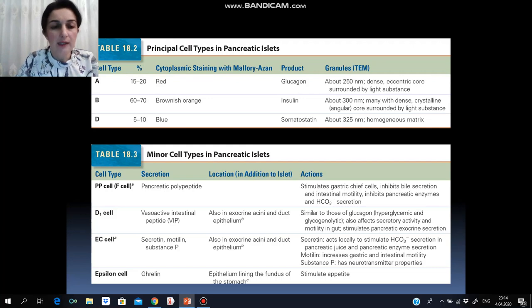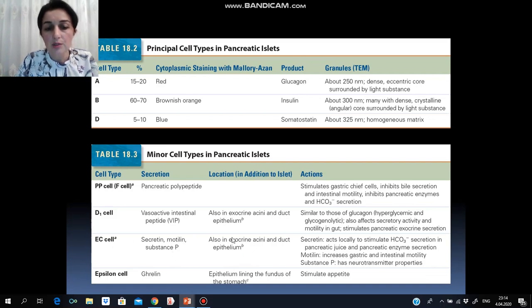Also, we have here P cells, which produce pancreatic polypeptide, and D1 cells producing vasoactive intestinal peptide. Then we have epsilon cells, which produce ghrelin, activating smooth muscle relaxation and peristaltic activity of the stomach, and it induces the feeling of hunger.